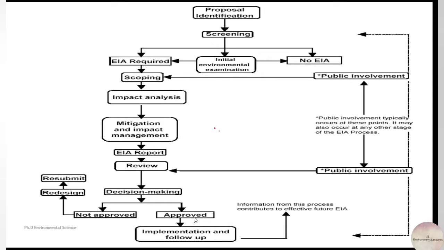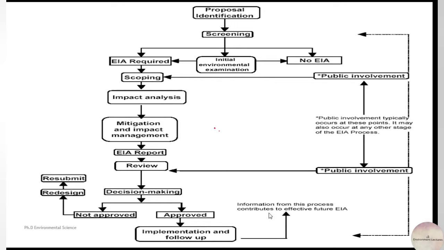If proposal is approved, it moves to the next stage, that is implementation and follow-up. Now the project is implemented with the proposed mitigation and management measures. There is also a follow-up to ensure compliance and assess the effectiveness of the measures.